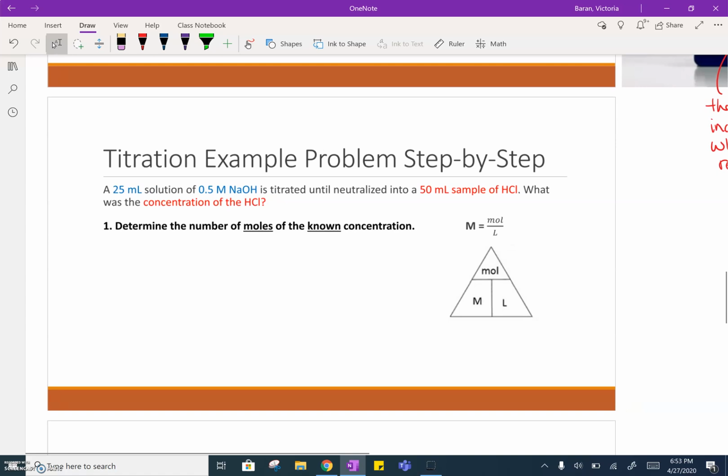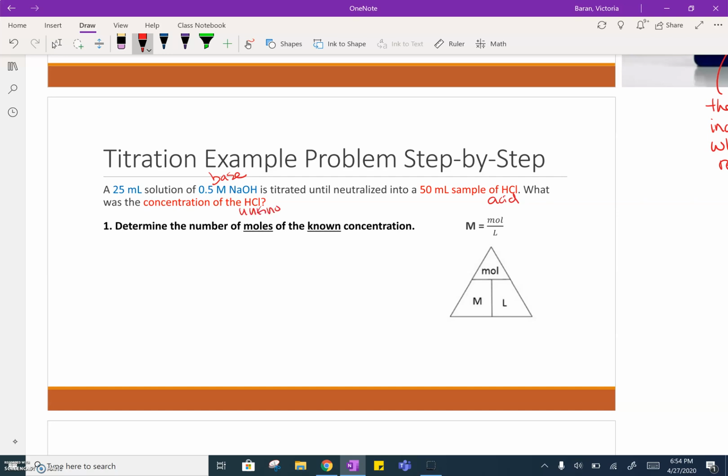So let's say we have 25 milliliters of a 0.5 molar solution of NaOH. So that's in blue and that is our base, okay? And we titrate that until we neutralize 50 milliliters of acid. So this is our acid, and it's asking for the concentration of the HCl.